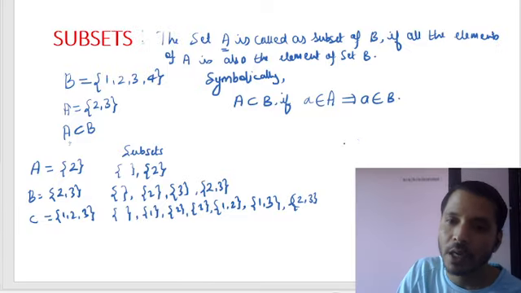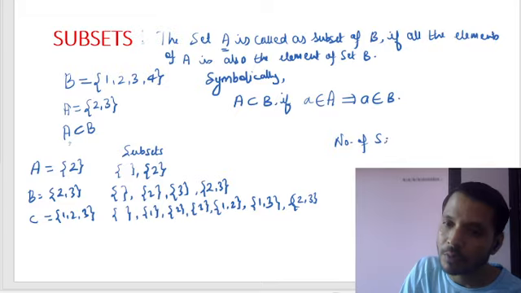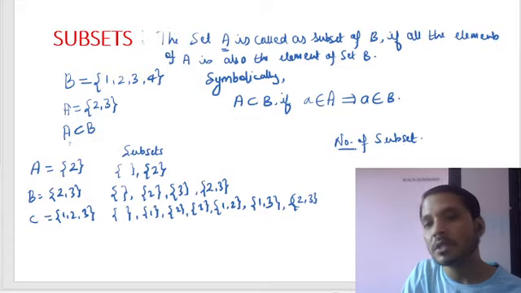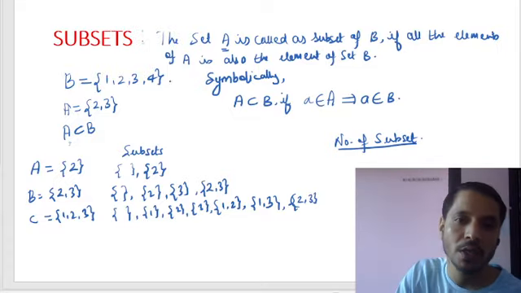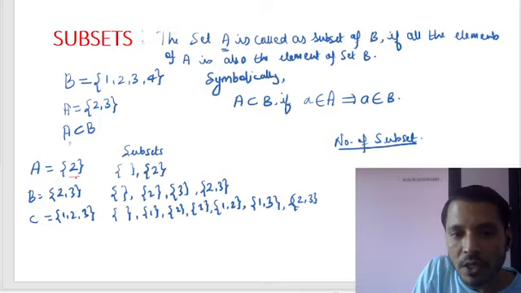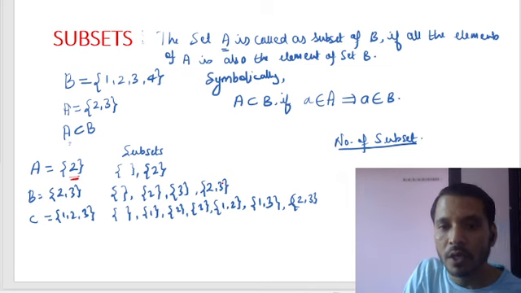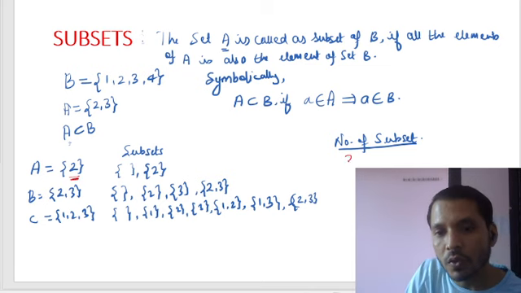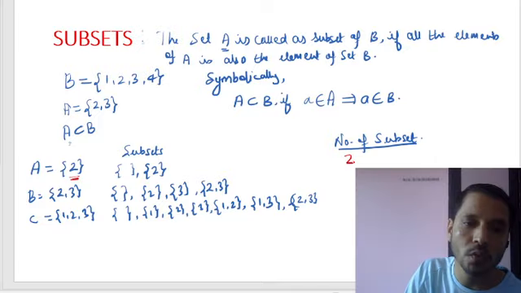Now we will write how many subsets we are getting. We are trying to find out which quantity the number of subsets depends on. Very clearly you can see that when the number of elements in set A is equal to 1, we are getting 2 subsets.